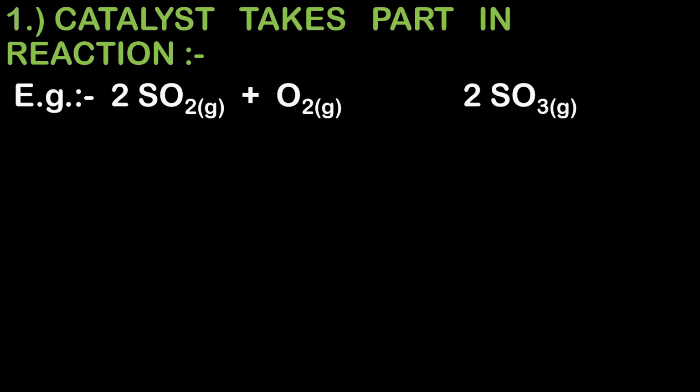We are going to understand this with the help of an example over here. Now here there is a reaction, SO2 plus O2 gives you SO3. In short, SO2 is getting converted into SO3. Now here we are going to consider NO2 as the catalyst.